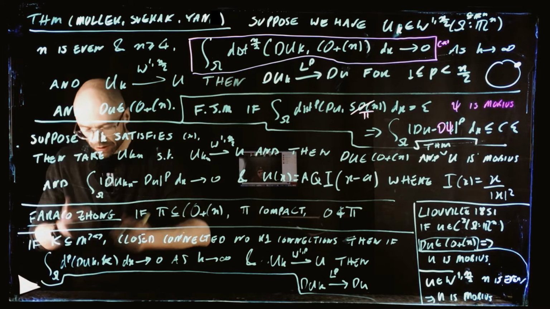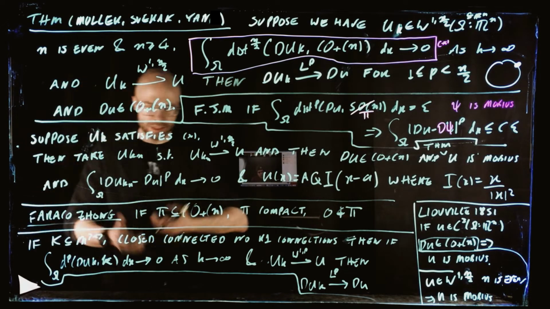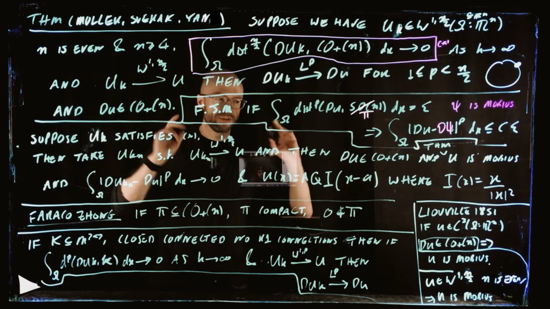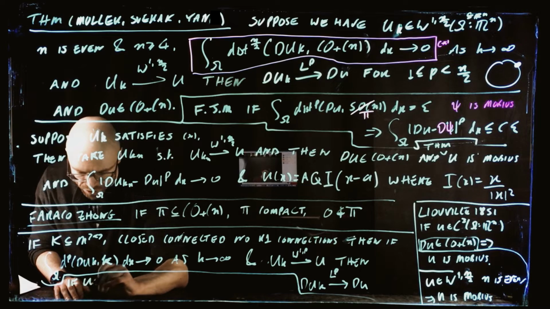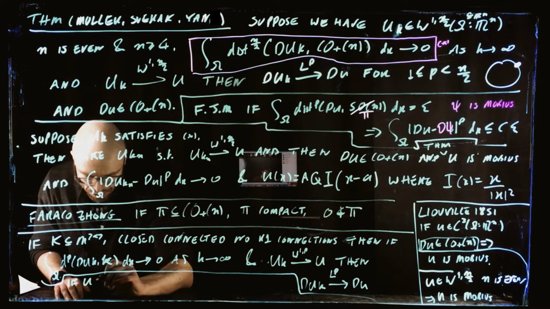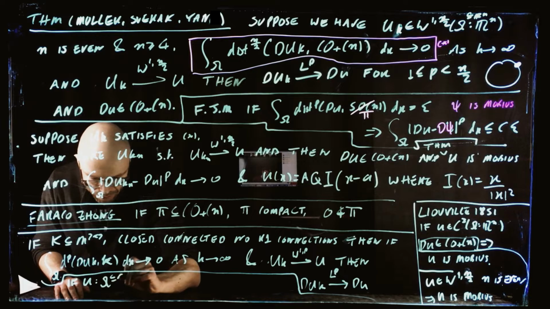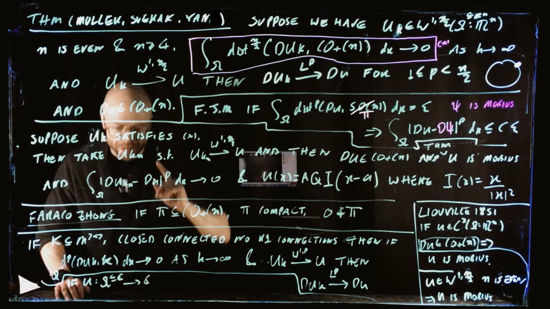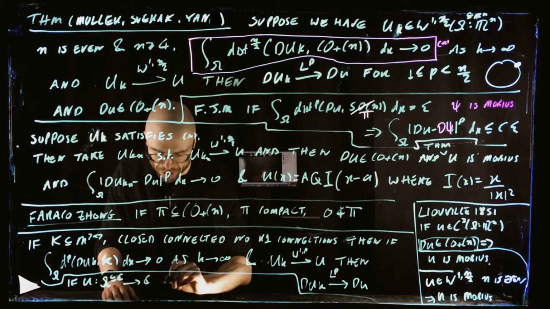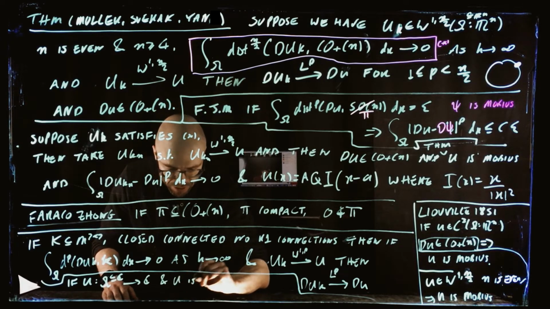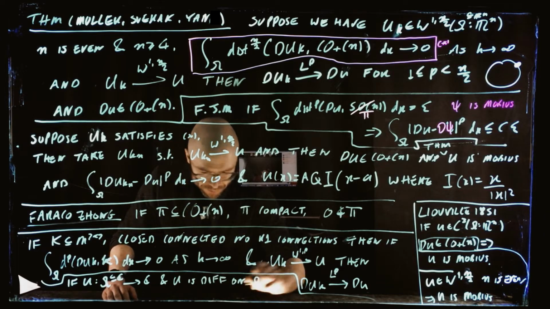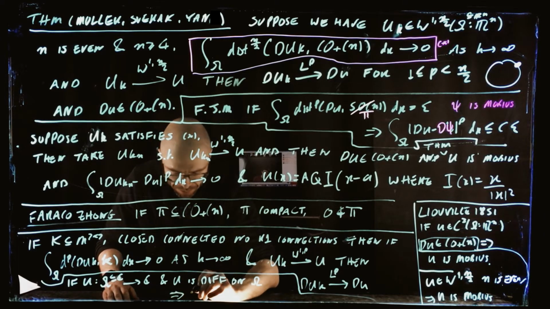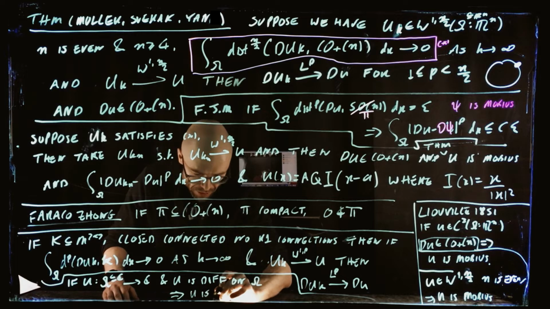This is one of the first things we learn in complex analysis, and I call it the first theorem of complex analysis. So if we have u going from some region omega inside the complex numbers to the complex numbers, and u is once differentiable on omega, then u is analytic.